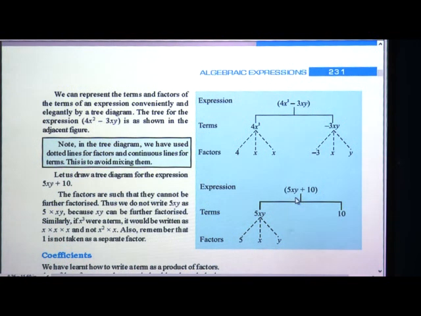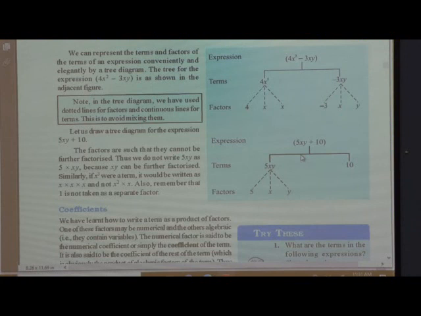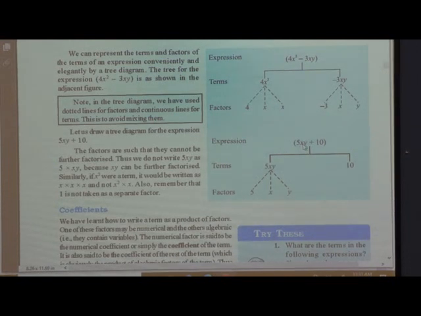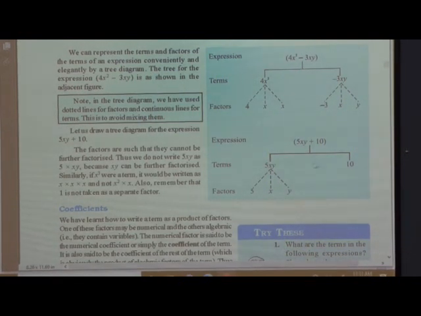We will see one more example, 5xy plus 10. This is an expression. Now, we have to find out the terms of the given expression. 5xy is one term and plus 10 is another term. So, in the terms we will write 5xy and 10. Now, what are the factors of 5xy? It is nothing but a product.